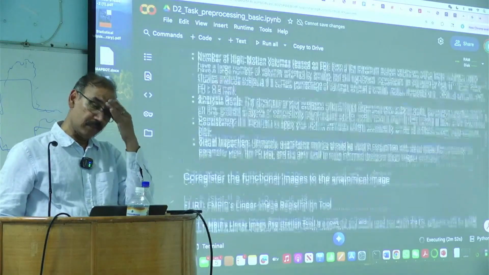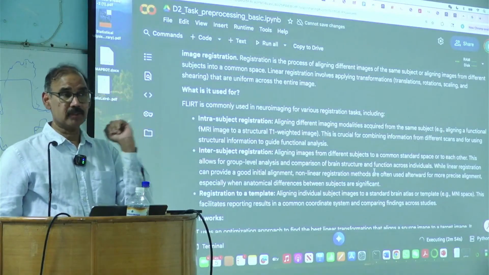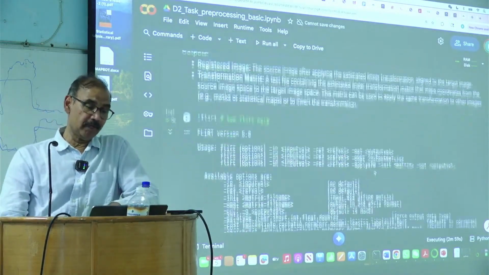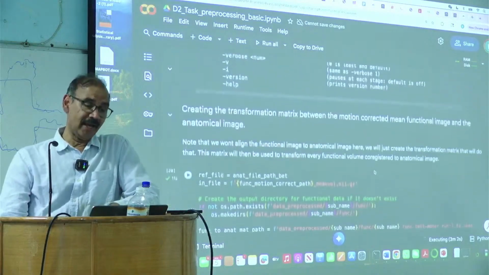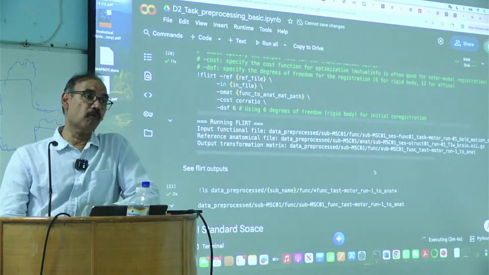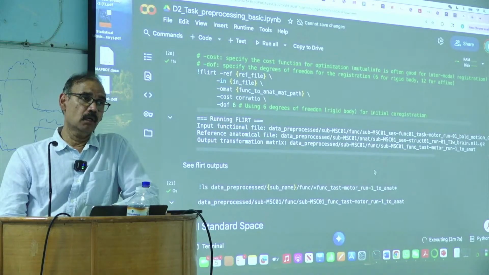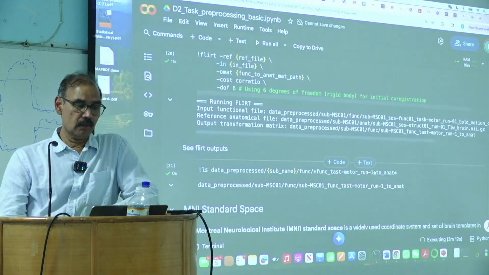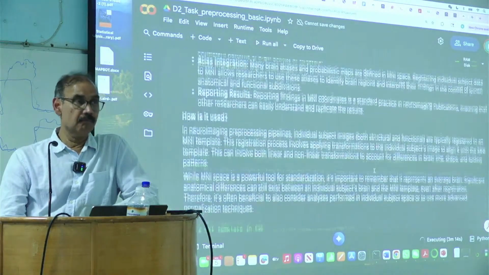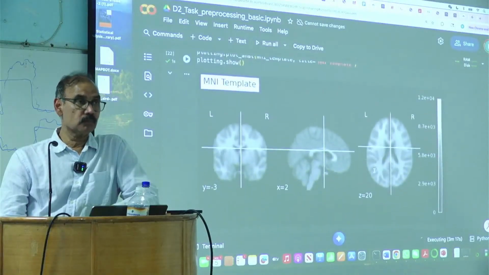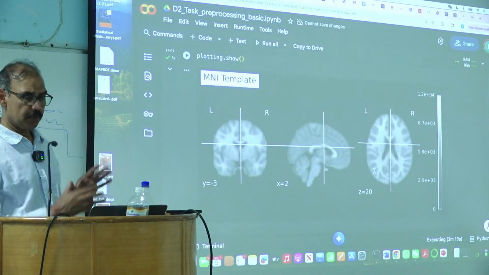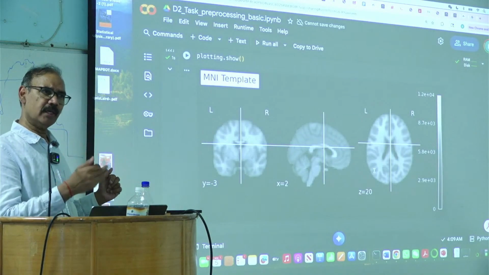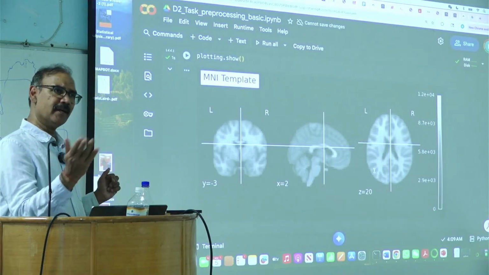So volume means the number of data points. So this data has 818 data points. So it has 818 volumes. Is that clear? The dimension was 64 by 64 by 36 by 818.